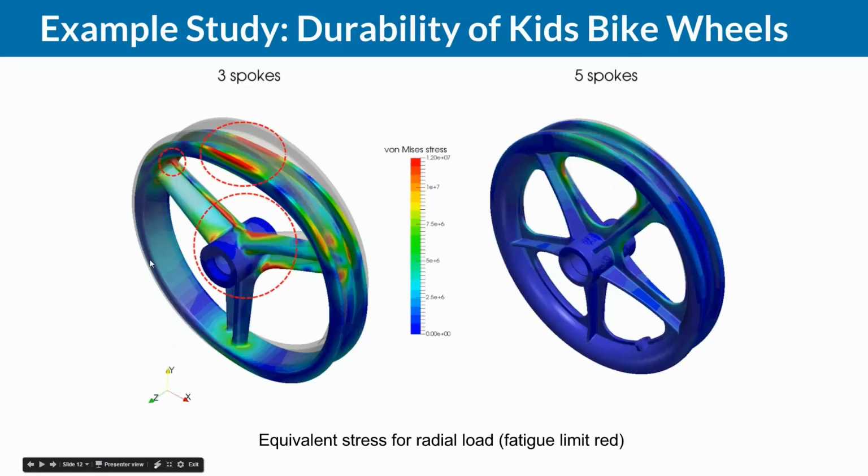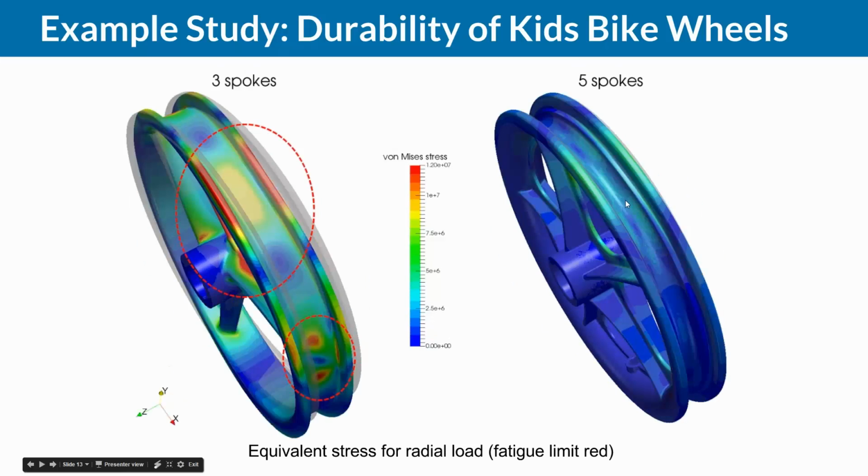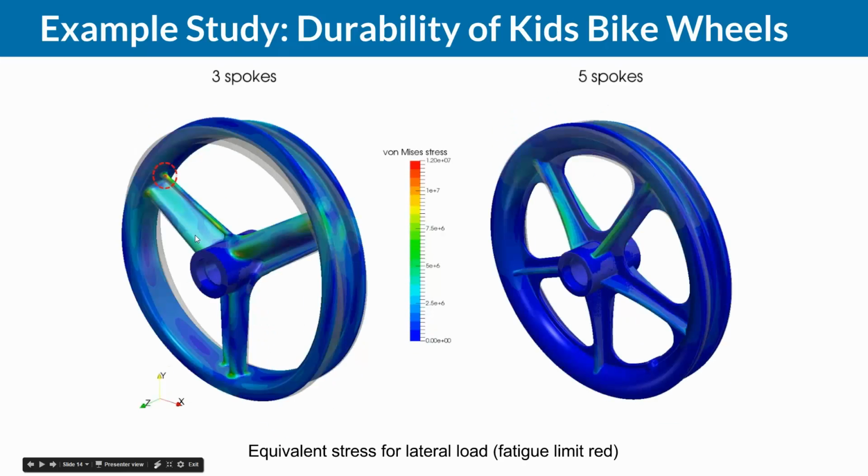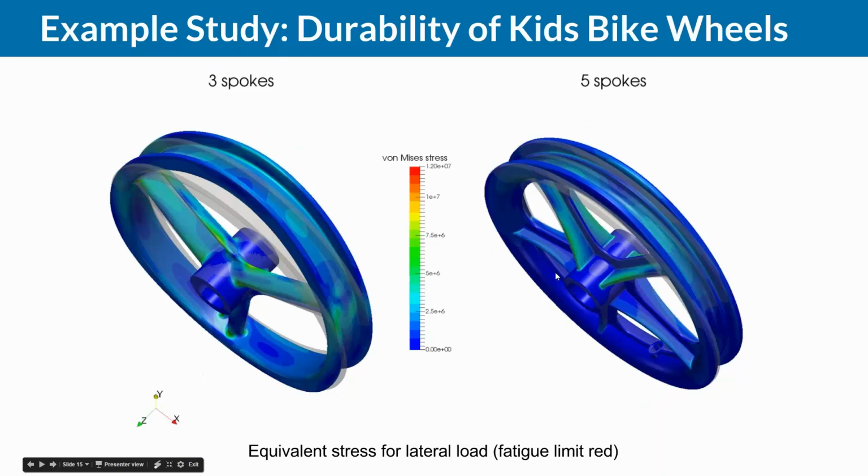So we got the results. We see different zones where our design needs to be improved. The 5-spokes design actually is fine. It is not exceeding the fatigue limit. Also on this view we don't see it. For the lateral load, which we didn't use right now, we also see a certain spot where the fatigue limit is exceeded, but this is not actually the problematic load case.